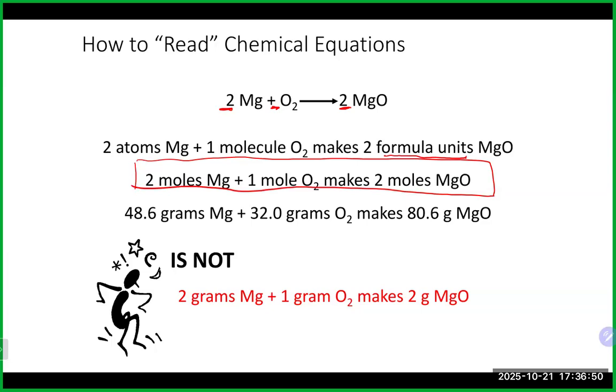And we could say that 2 moles of magnesium react with 1 mole of oxygen to form 2 moles of magnesium oxide. Again, there is no magical trick to this. It is simply our coefficients from the balanced equation. That is where we get those relationships from.